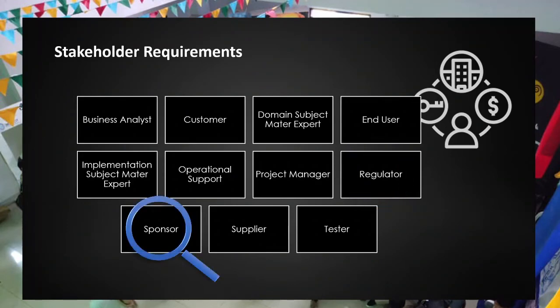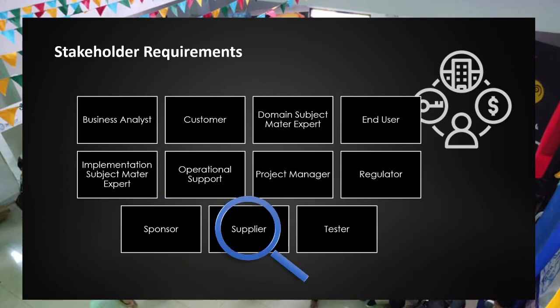Another important stakeholder are the sponsors. Sponsors are responsible for initiating the effort to define a business need and develop a solution that meets the need. They authorize the work to be performed and control the budget and scope for the initiative. Alternative roles are executive and project sponsor.